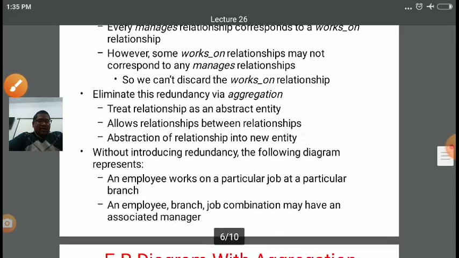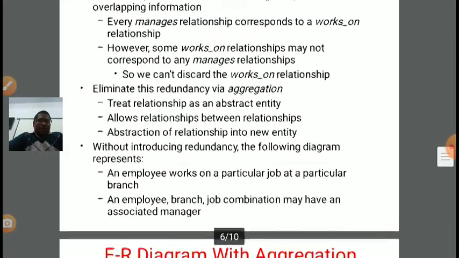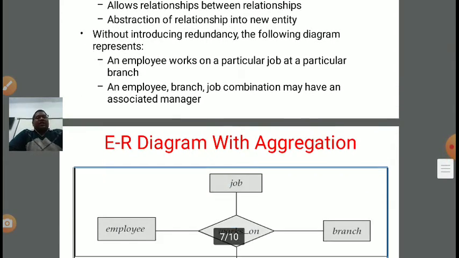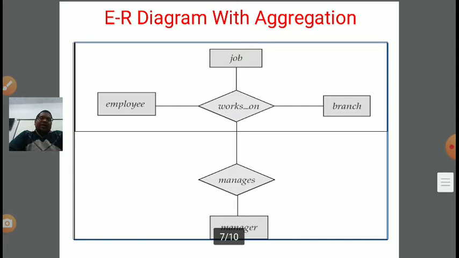Similarly, an employee, branch and job combination may have an associated manager also, right? Now, with the help of the ER diagram, we can represent the aggregation in the form of a higher-level entity, and a higher-level entity is nothing else but a relationship between relationships.